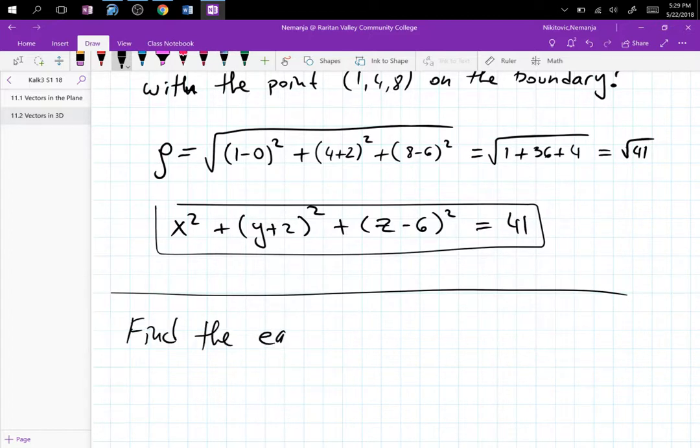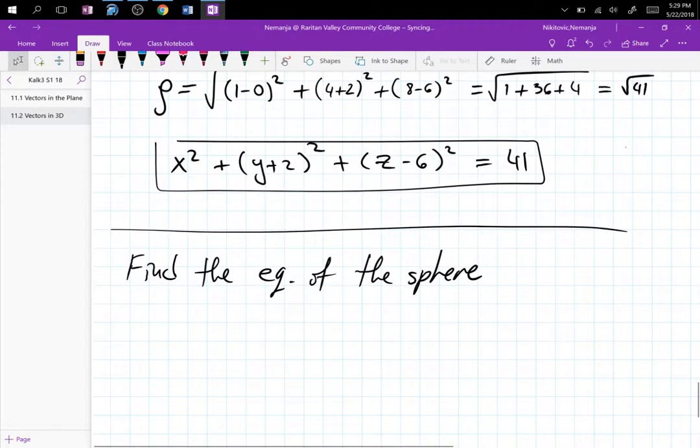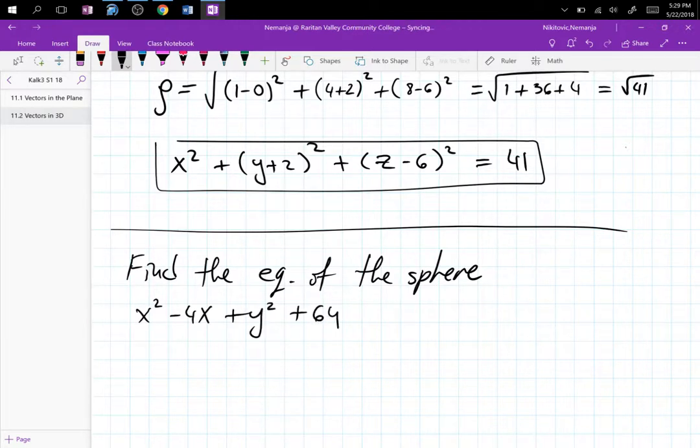Find the equation of the sphere. x squared minus 4x plus y squared plus 6y plus z squared plus 14 equal to 0.